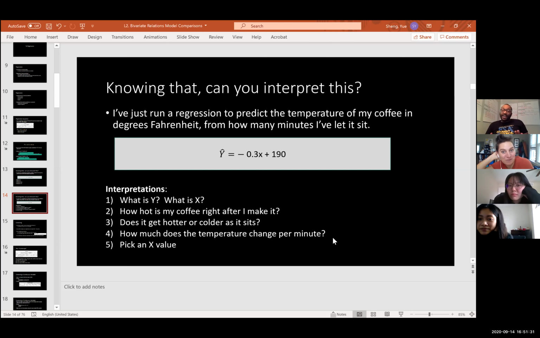No, not at all. There's so many other things to consider when this temperature is dropping. But at some point with this model, it's going to get below zero, and I don't think that's humanly possible. If something is just sitting still, unless you're in a very cold room, even still, it's going to level off at some temperature.